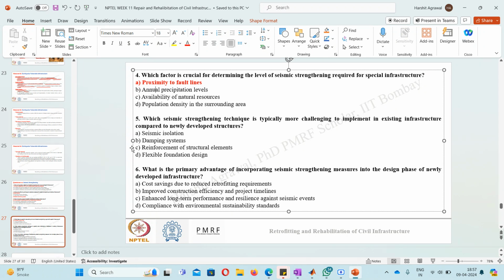require. Okay, which seismic strengthening technique is typically more challenging to implement in existing infrastructure compared to newly developed infrastructure? Seismic isolation, damping system, reinforcement of structural elements, or flexible foundation? So the answer will be seismic isolation.